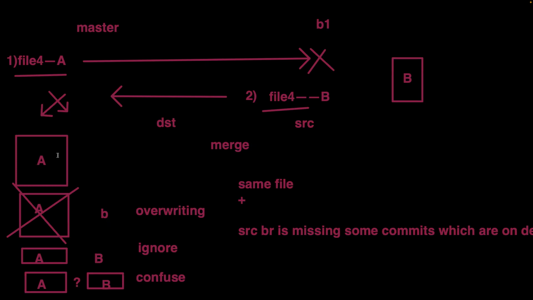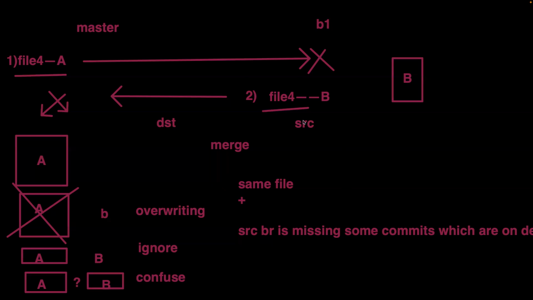So here we have a commit A, and here we have a commit B. Ideally when we are merging it, it should take whatever the changes are, right? See, the concept of merge is from source to destination.